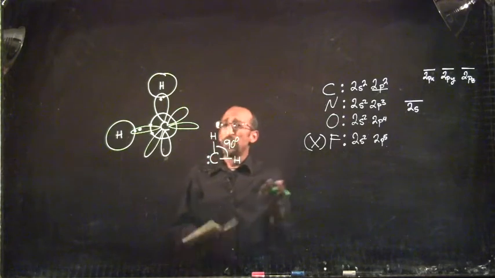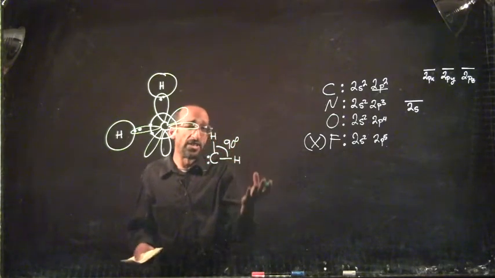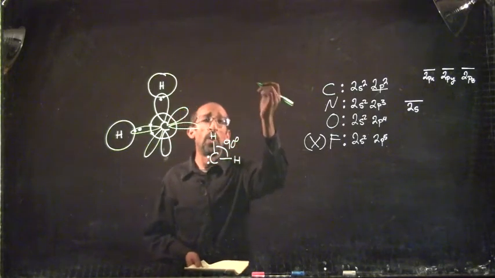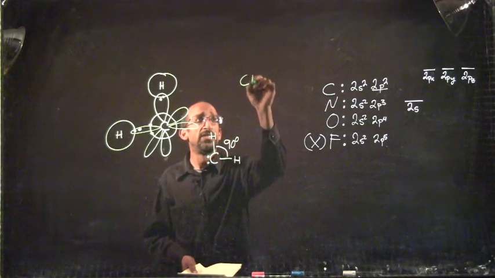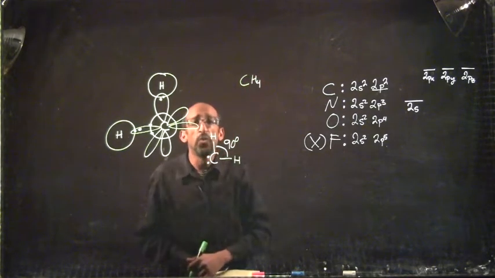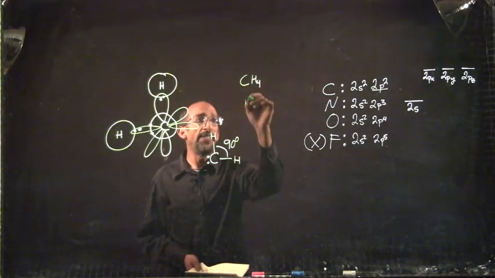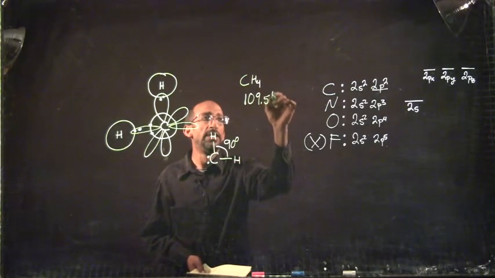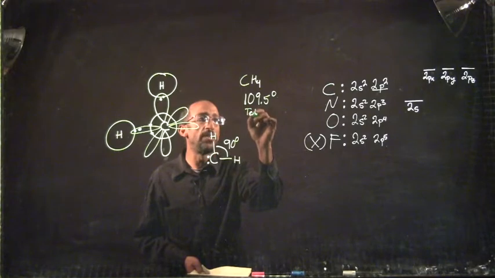At this point, you know that this is the wrong way, that this doesn't happen. We know that the simplest molecule composed of 1 carbon atom and as many hydrogens as possible is CH4. And we know that the bond angles around that carbon atom have to be 109.5 degrees, and that it should have a tetrahedral geometry.